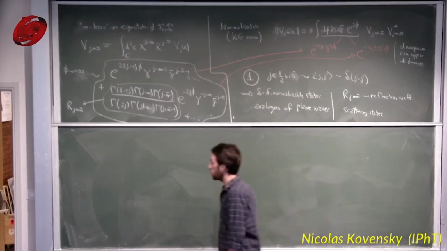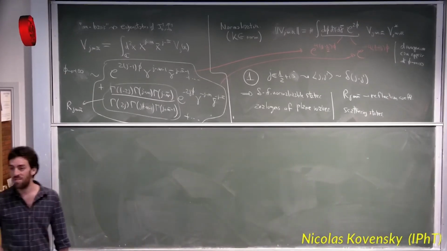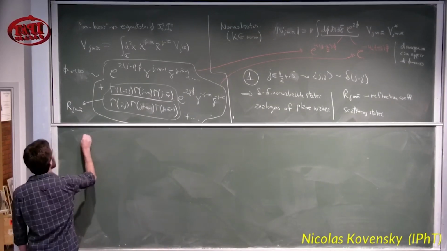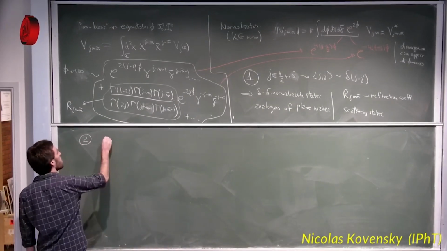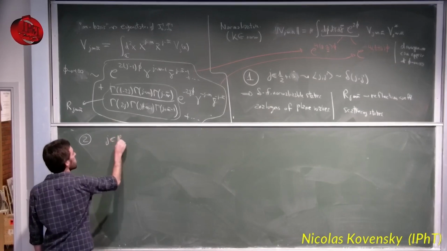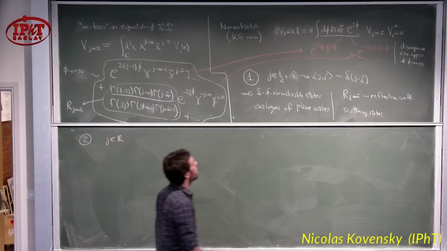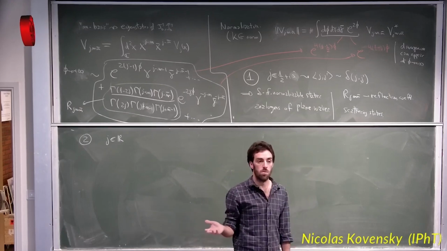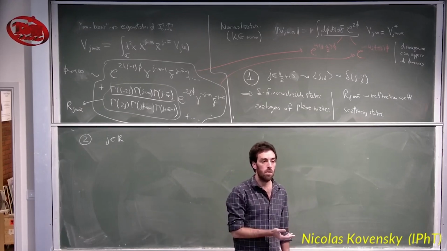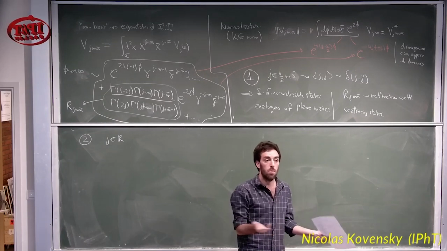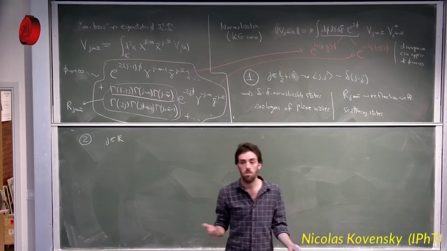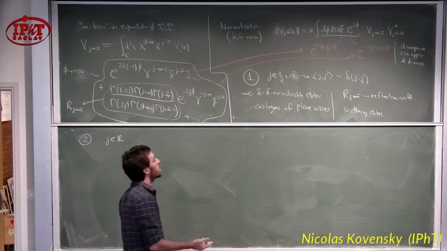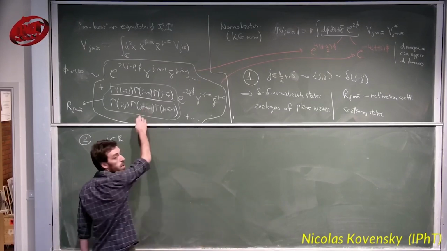The second type of solution, which is why I wanted to write it in the embedded form, is that normally you would say that if you have j real, since one of the two terms diverges when j is larger than 1/2 and the other one diverges when j is smaller than 1/2, then I'm always going to have some divergence somewhere, and this is going to be non-normalizable, except if I sit at very special values of m.